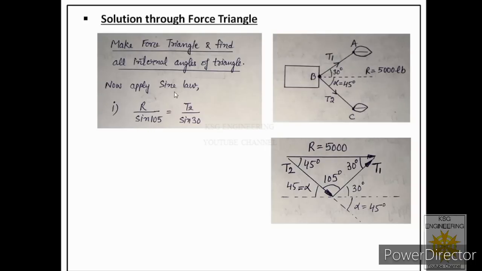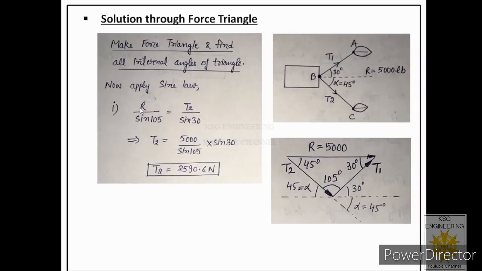So from this equation, we can find value of T2 because value of R is known to us. What is that value? 5,000 pounds. So put the value of R and take sine 30 on other side and we'll get value of T2. I hope this first part is clear to you.